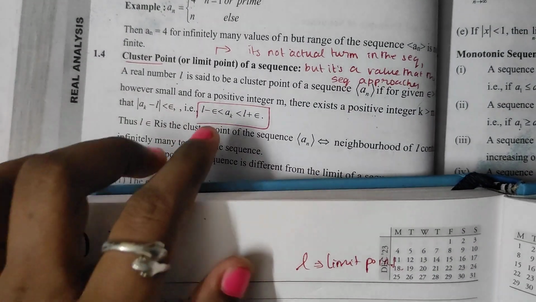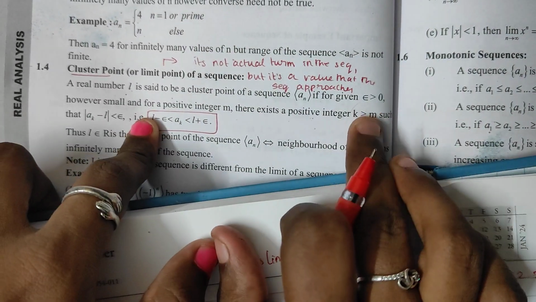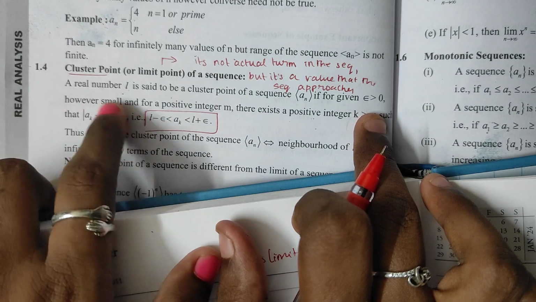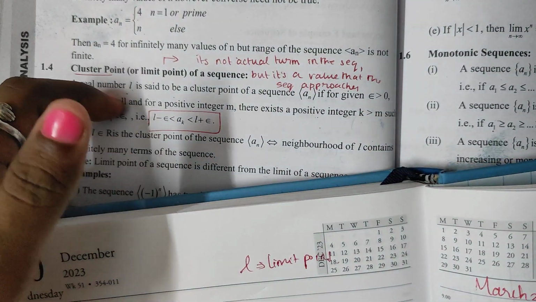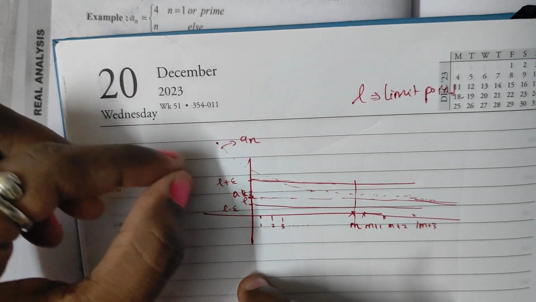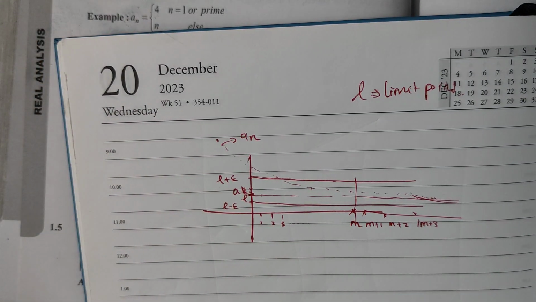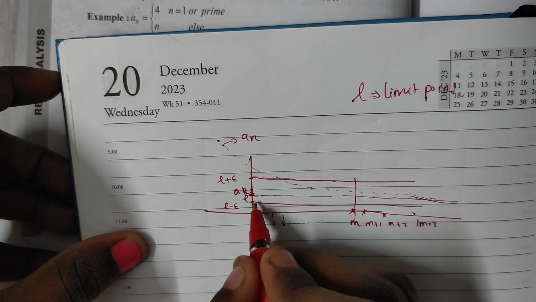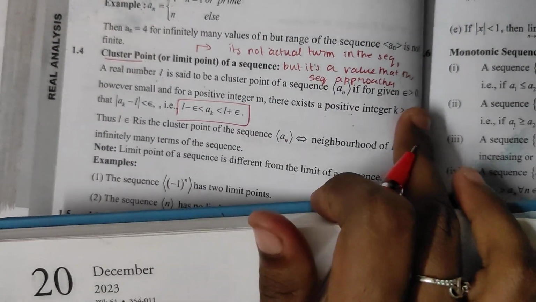This is when there exists, for epsilon greater than 0, a positive value, however small. That epsilon is very small, so small that we would have to see it in a microscope, but it is a positive quantity. So this is L plus epsilon and this is L minus epsilon. Understood?